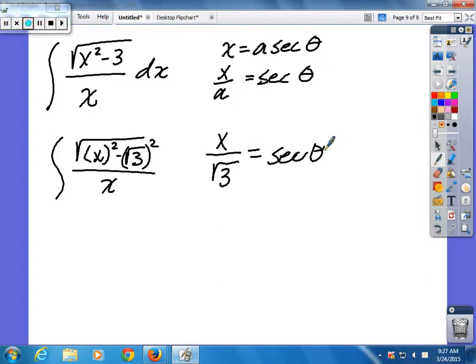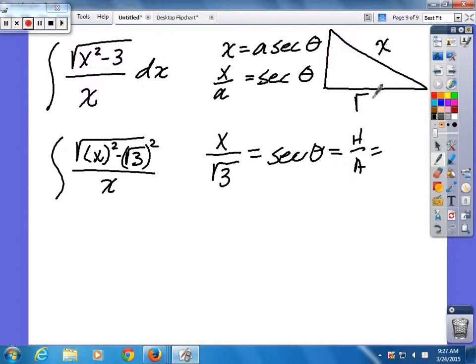We know that the secant, by our trig definition, what is our secant? Oscar had a hump, hump A. So x is your what? Hypotenuse. That's right, class. And what is the square root of 3? Your adjacent. Because your little man on theta always has his foot on the hypotenuse and the adjacent.